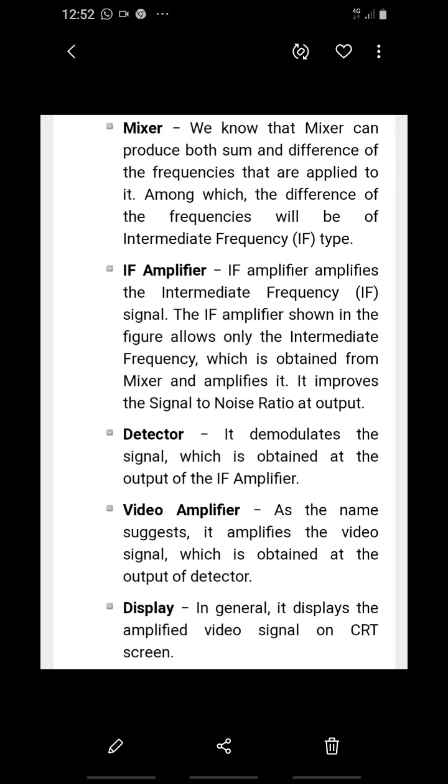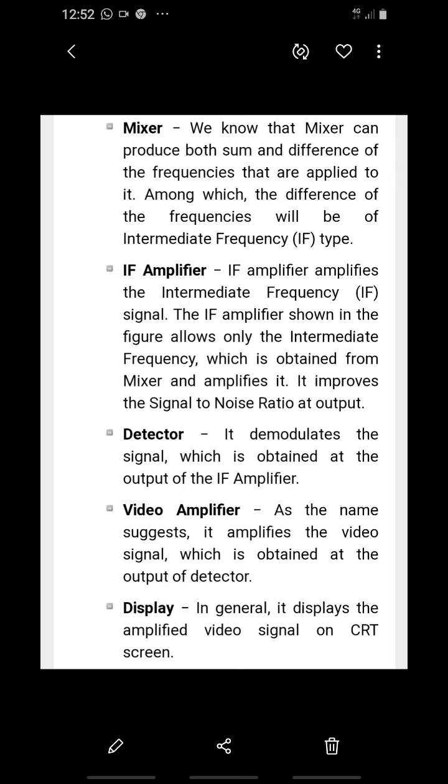Range can be increased by increasing transmitted power or by increasing the diameter of the parabolic reflector of the antenna. Next, disadvantages of the pulse radar system. It cannot measure the velocity of a moving target, but can only measure range.